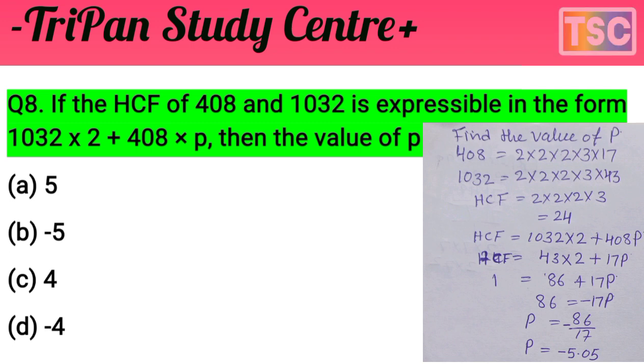And the remainder part is also important here. Here the remainder part is only 1, so 24 is equal to 1, and 1032 is the remainder part here: 43 into 2, there is a remainder. And the next is 408.